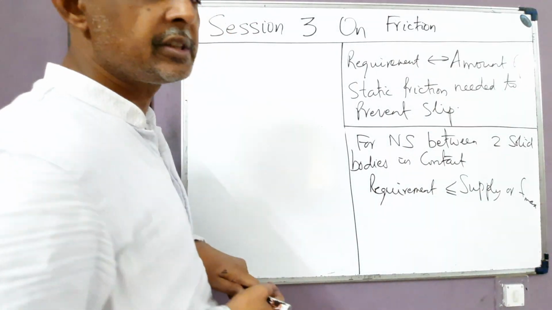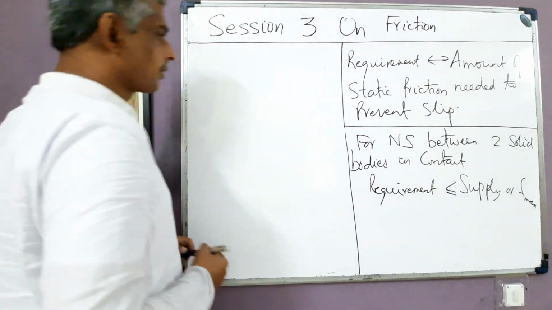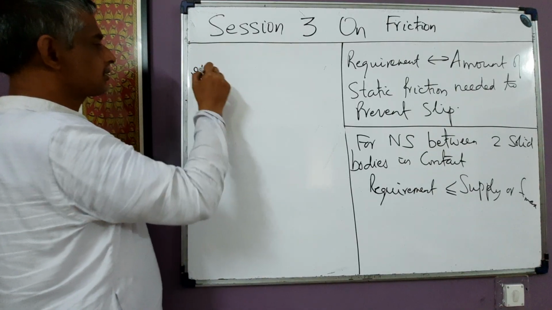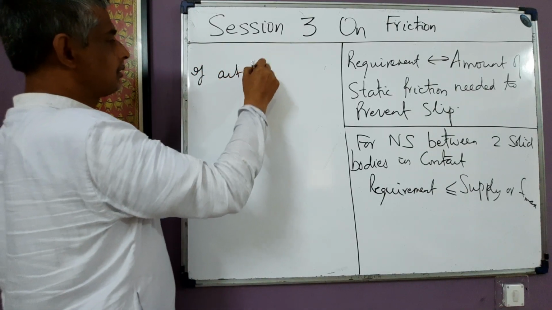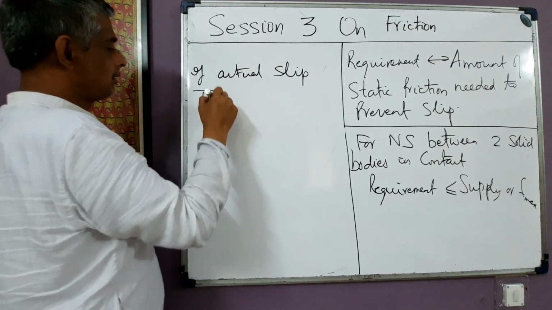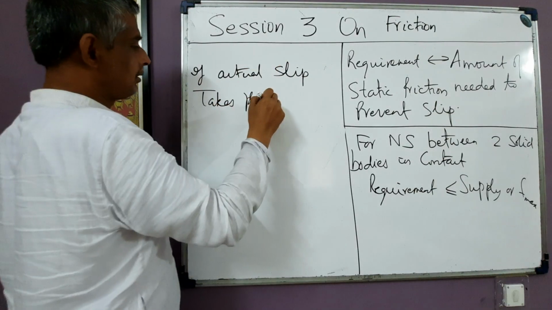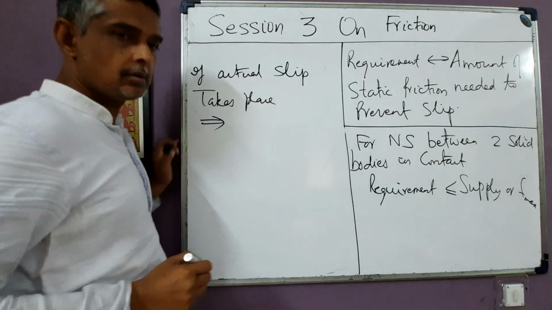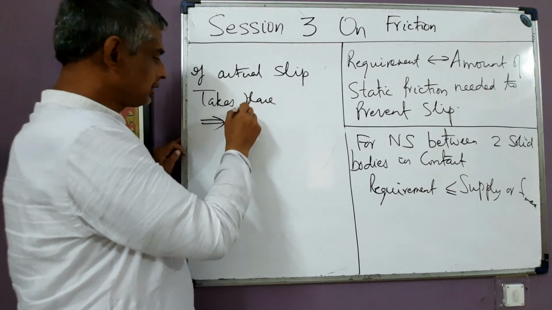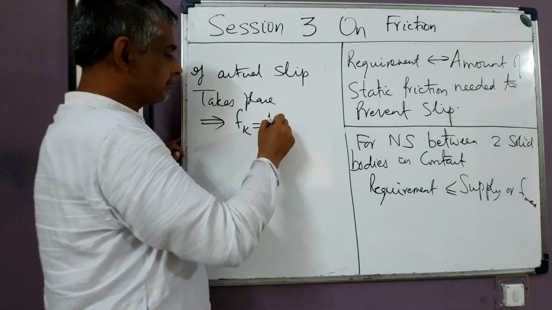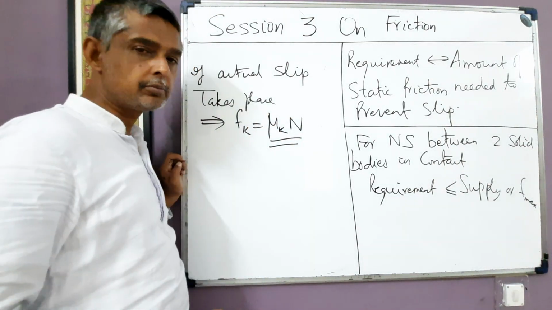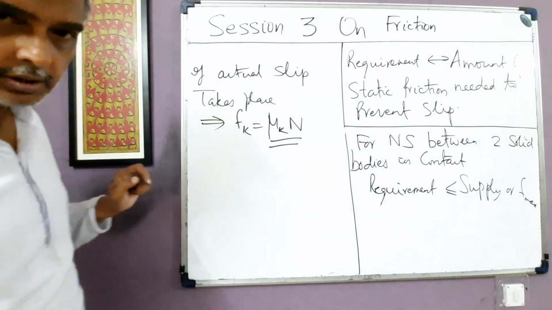If actual slip takes place, it implies the friction force acting between the two bodies will be kinetic friction, and that is equal to mu K N. This is the condition for slip: Fk equals mu K N.